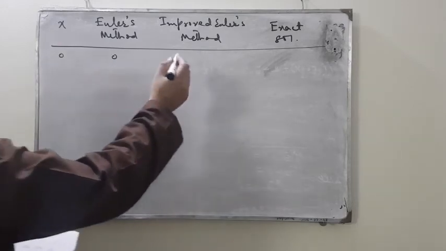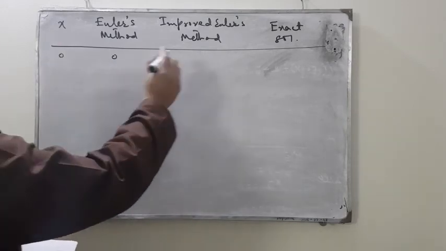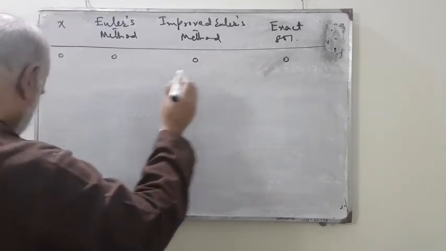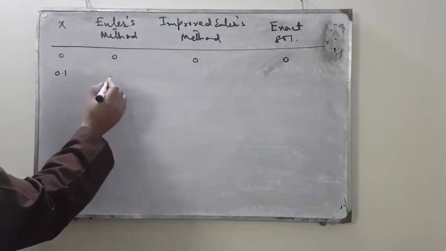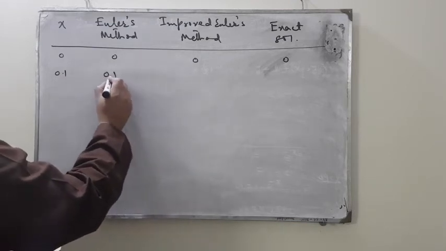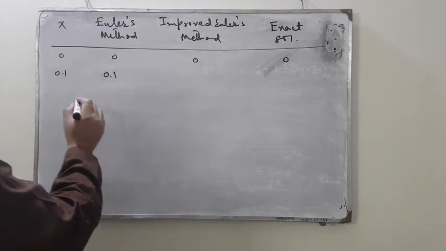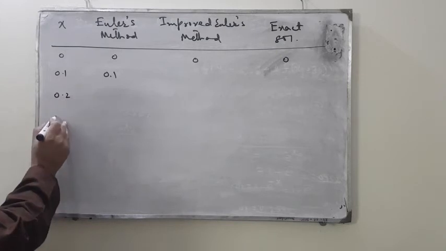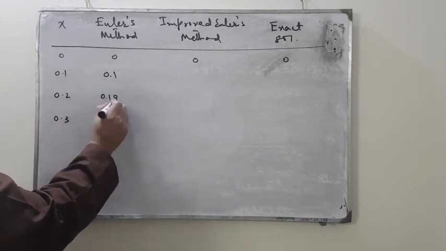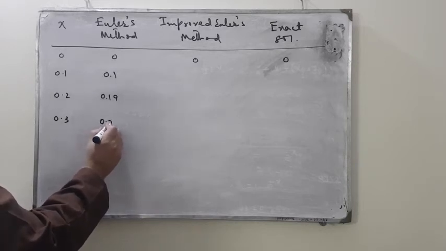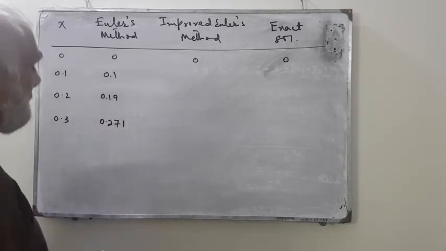Initially, when x was equal to 0, Euler's was giving 0 everywhere. This is not a part of the solution actually. 0.1 gives you 0.1 for the Euler's, 0.2, 0.3. We get 0.19 and 0.271 for the Euler's case.